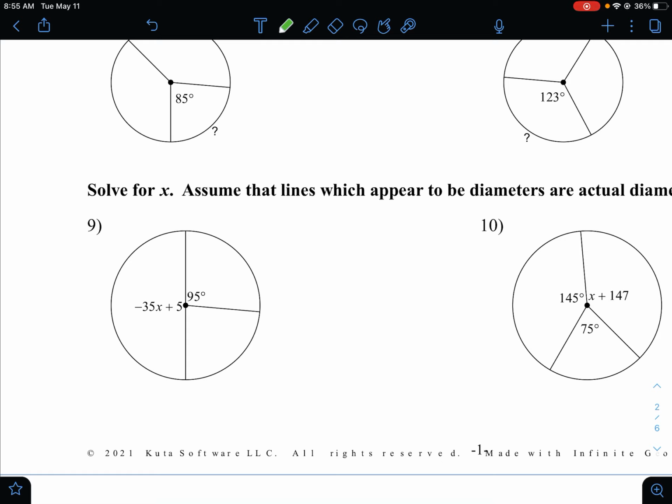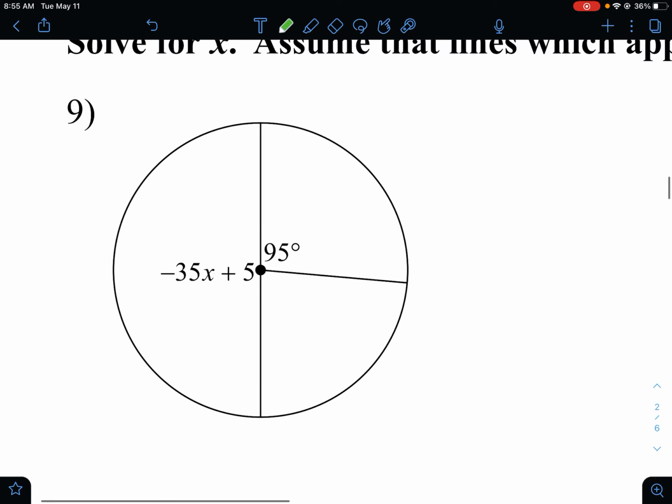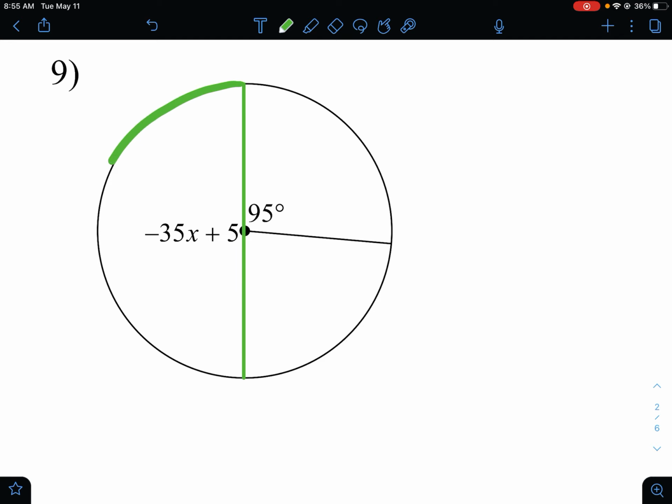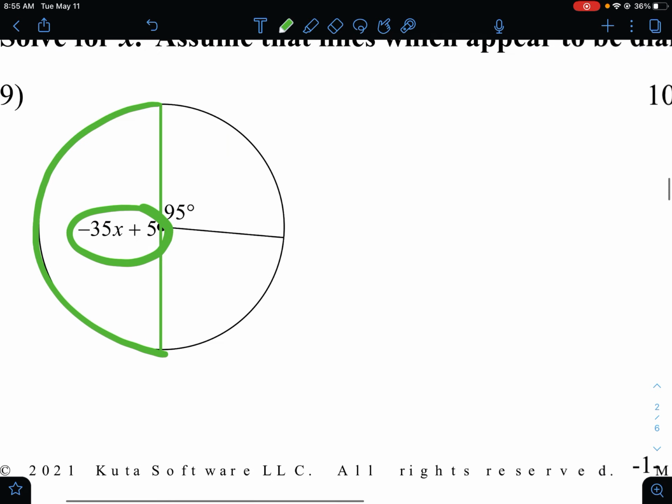Now let's try some of these problems. If we look here, this is a diameter, and we talked about how the diameter cuts the circle in half. So if this angle measure is equal to negative 35x plus 5, we know that half a circle is equal to 180.